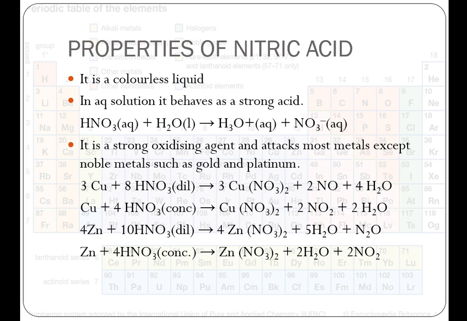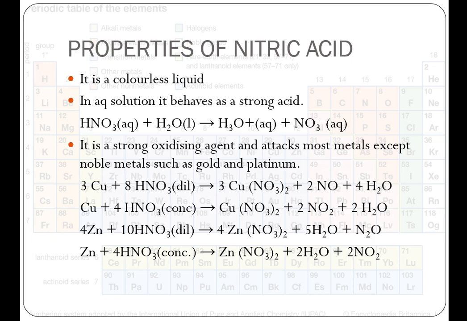The main product, the basic product, is the same with copper, whether it is dilute or concentrated, you get copper nitrate. But with dilute nitric acid, the side product is nitric oxide, whereas with concentrated nitric acid, it is nitrogen dioxide. Similarly, on reaction with zinc, both types of acids give zinc nitrate.